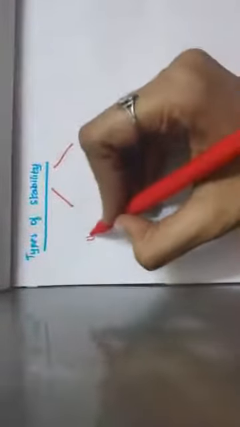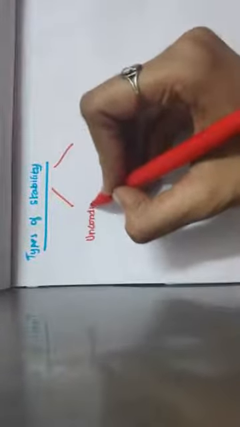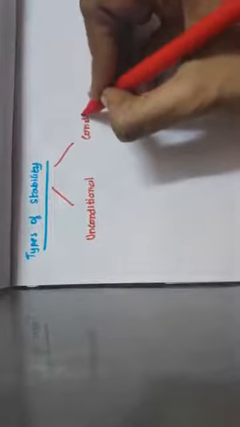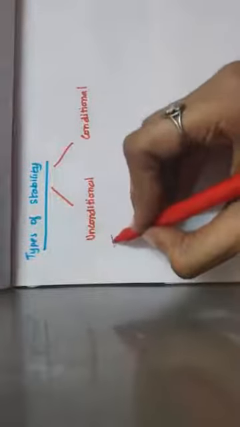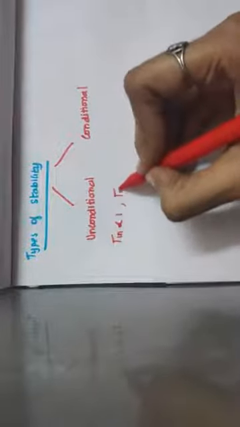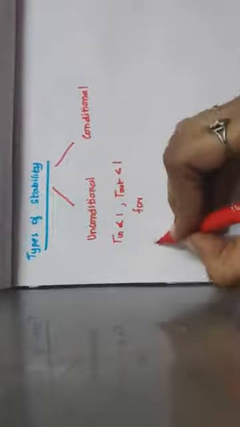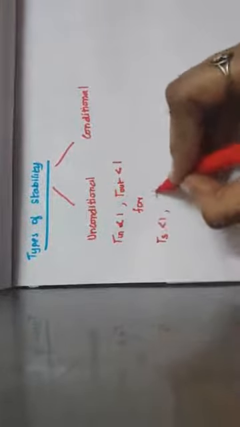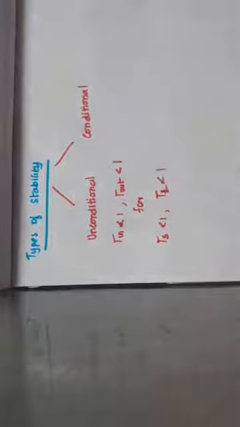Now let us analyze the types of stability. Stability can be categorized into two: the first is called unconditional stability, and the second is called conditional stability. An amplifier is said to be unconditionally stable when both the input reflection coefficient and the output reflection coefficient are less than 1 for all values of source and load.